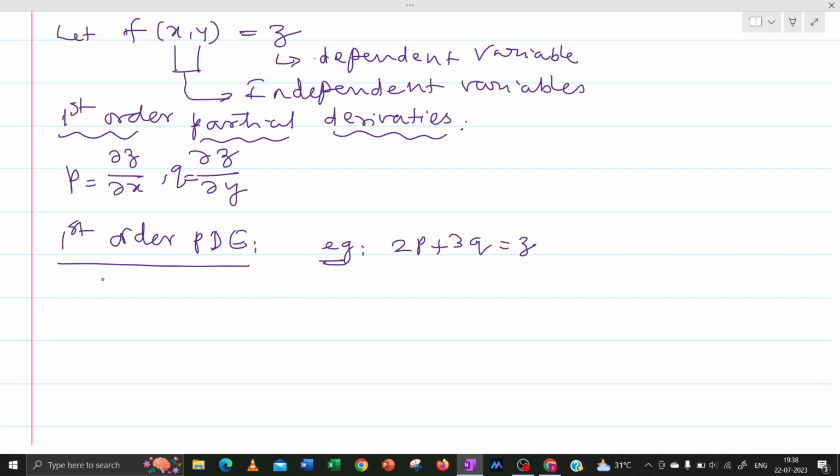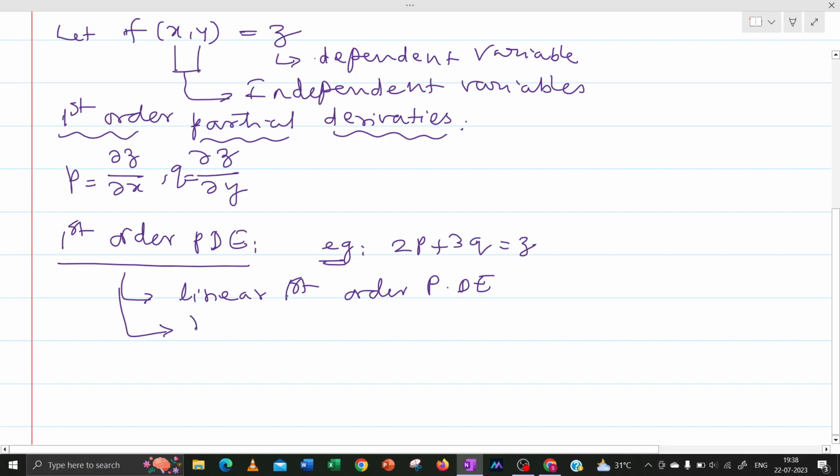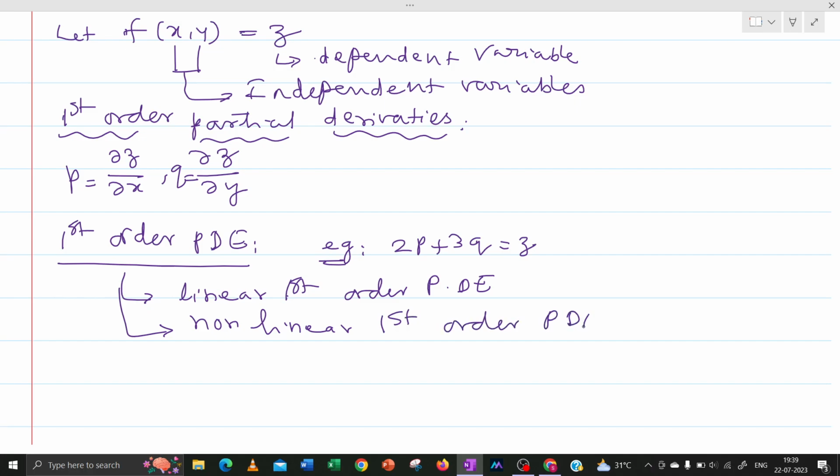In the first order, there are two types of equations. One is the linear first order partial differential equation, and the other is the non-linear first order partial differential equation.